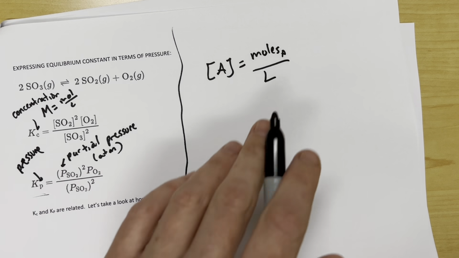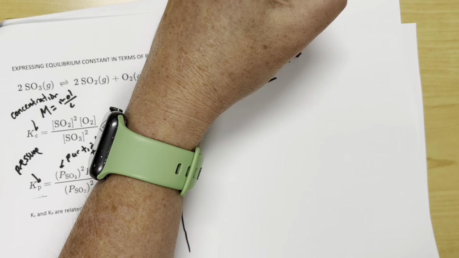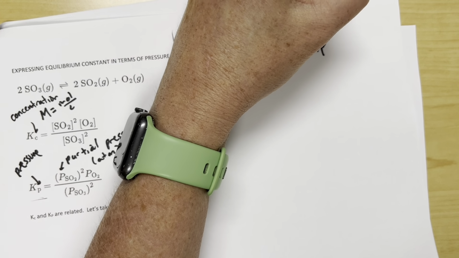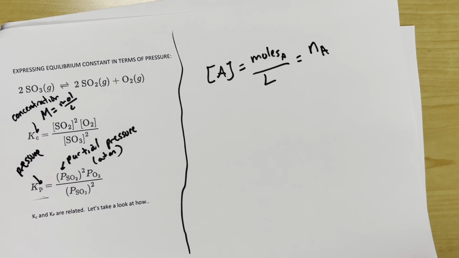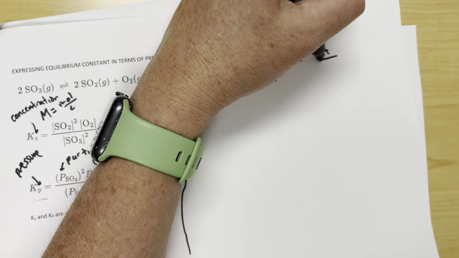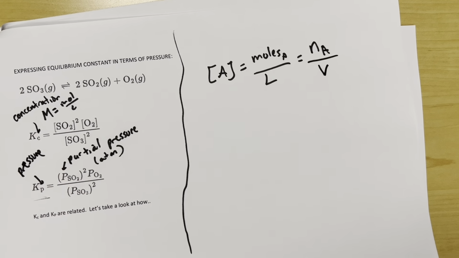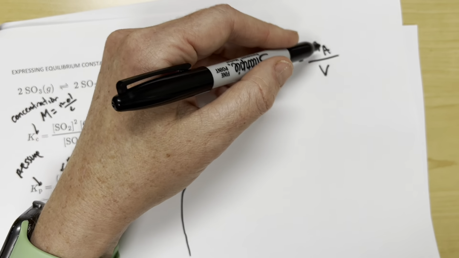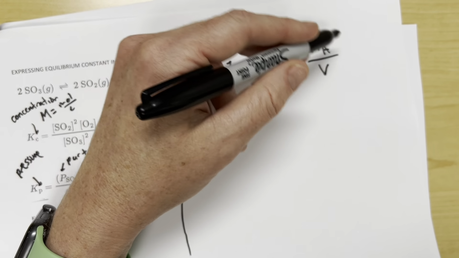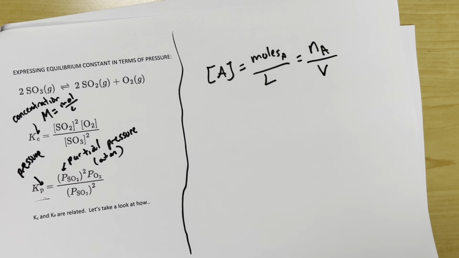Another way that we would express that is with n, a variable for moles, and L is the unit of V, V being volume. So this is just a way of expressing it using variables, n_A over V.